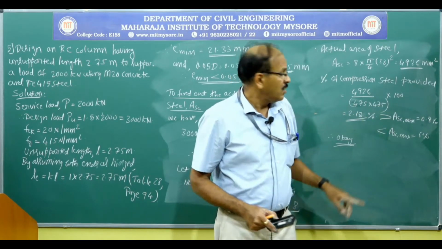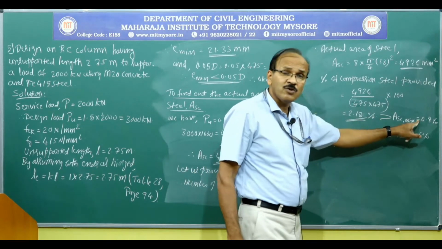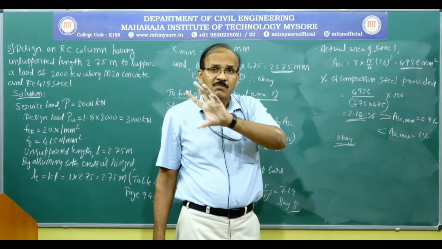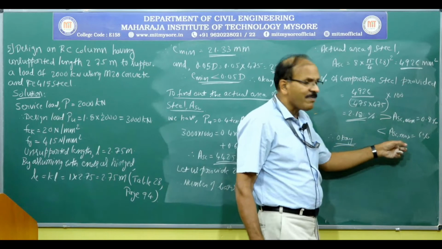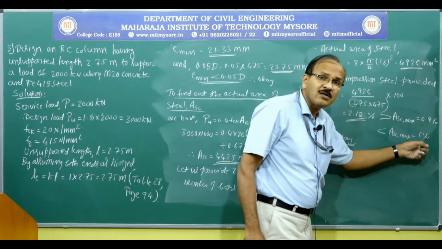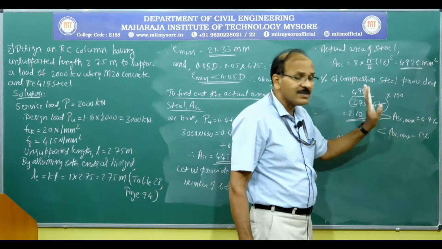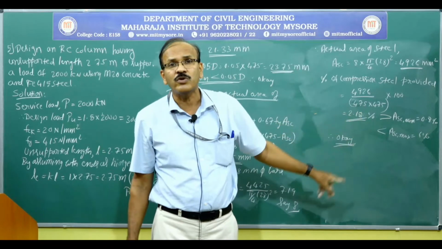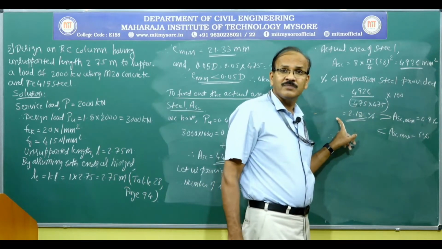In this case, we have provided 2.18%, which is greater than 0.8%. So Asc minimum condition is satisfied. What is the other condition? Asc maximum. That means we should not provide steel in the column greater than 6%. So 2.18% is less than 6%. This is also okay.